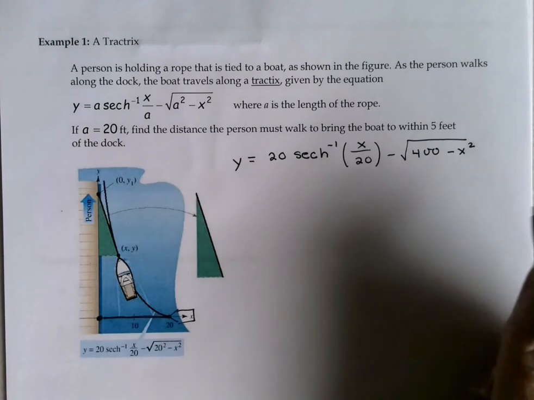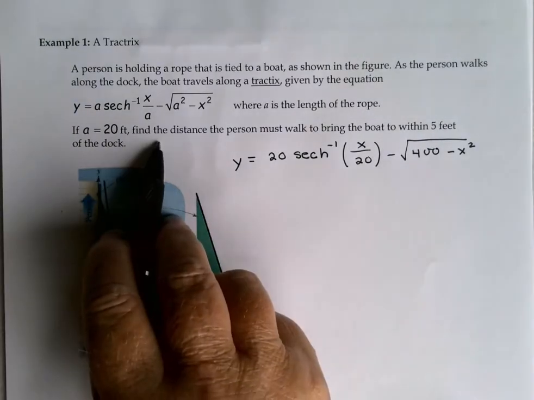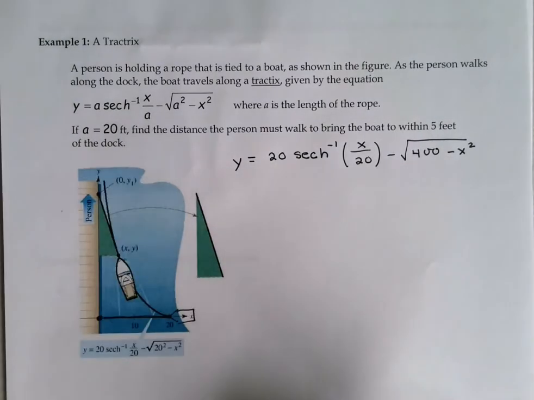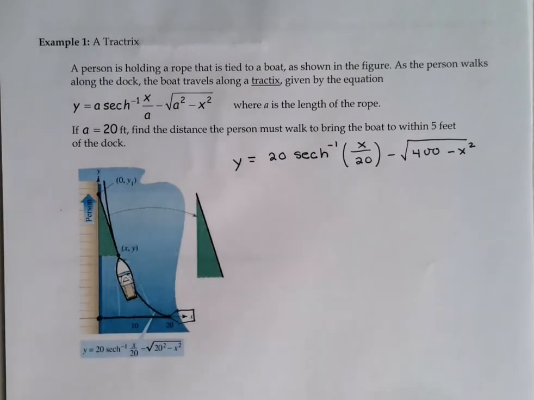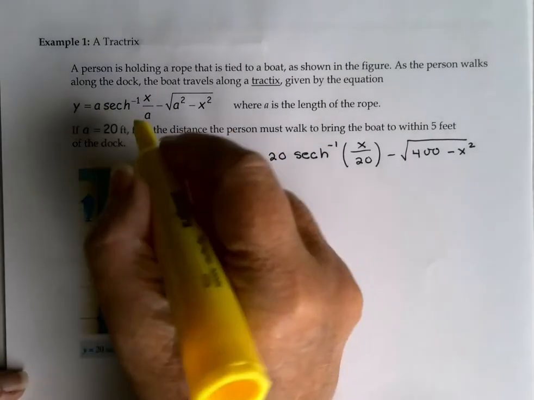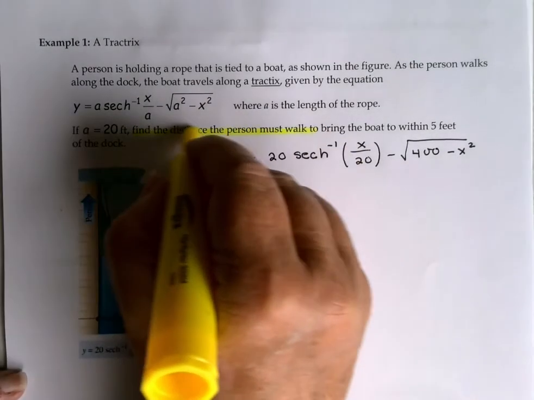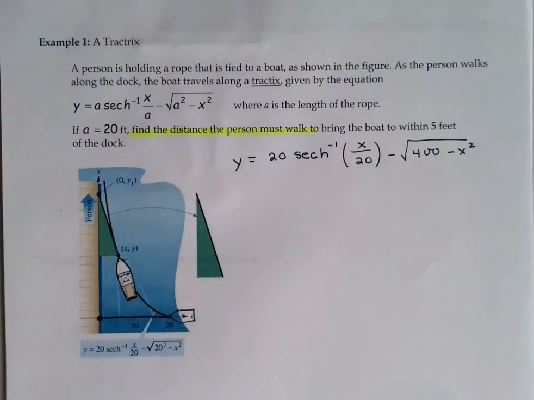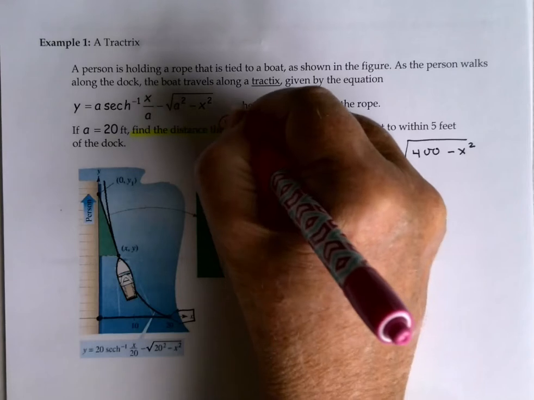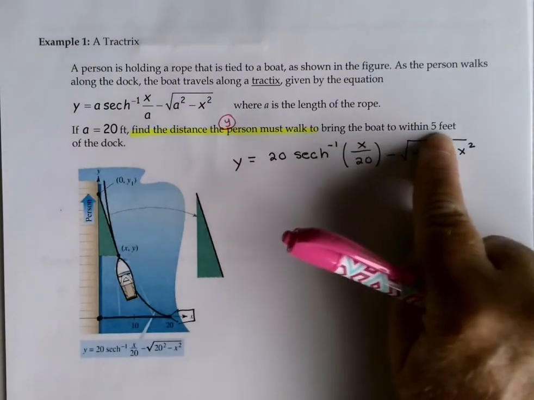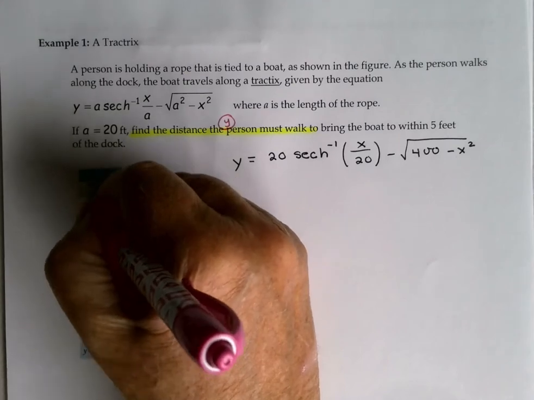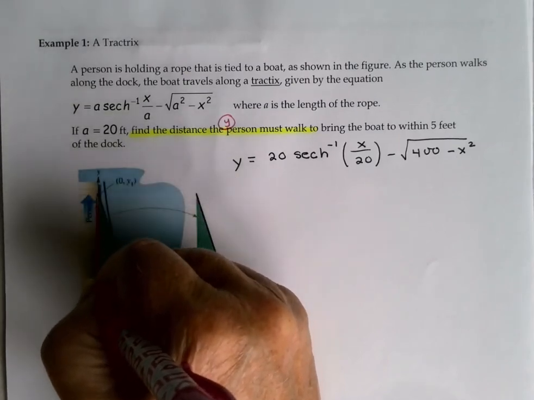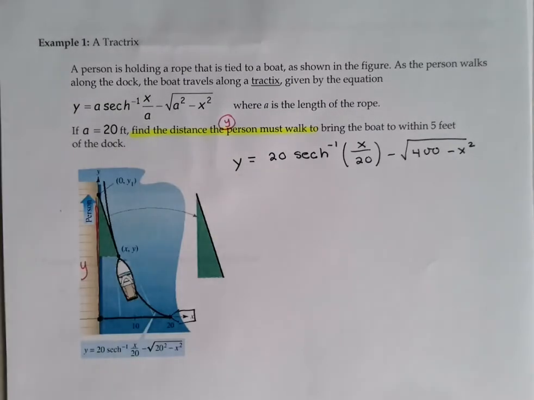All right, the question then says, find the distance the person can walk. Notice that the person is walking along the y-axis, so essentially I'm trying to find y, to bring the boat to within 5 feet of the dock. So my person is walking here, y.